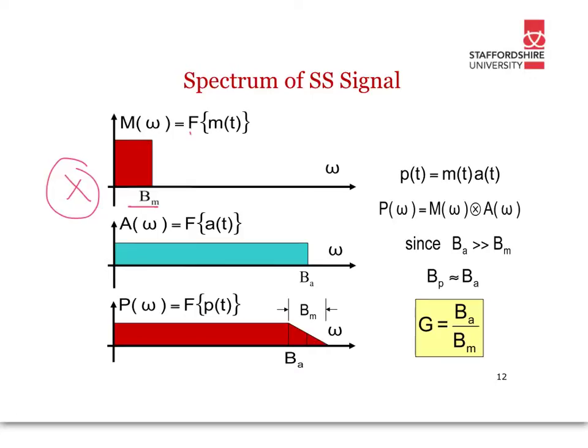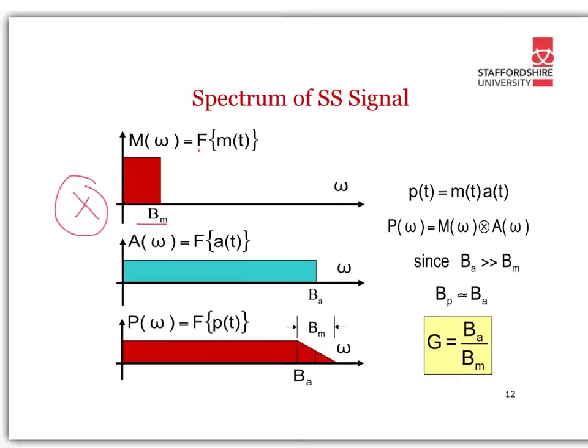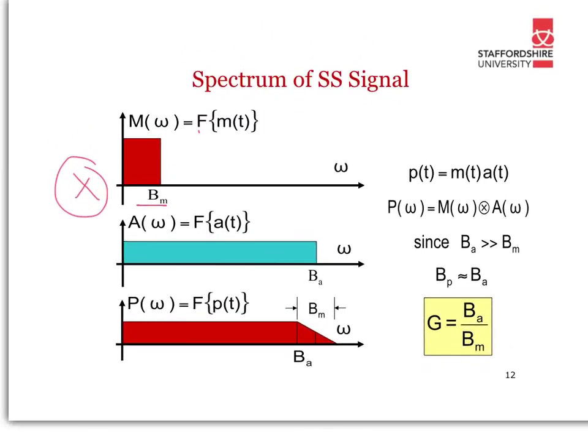Here we've got the power is message times spread signal, or the exclusive OR of message omega times A omega. So BA is much greater than BM. Then this is convolution, exclusive OR, sorry. BP is approximately equal to BA.